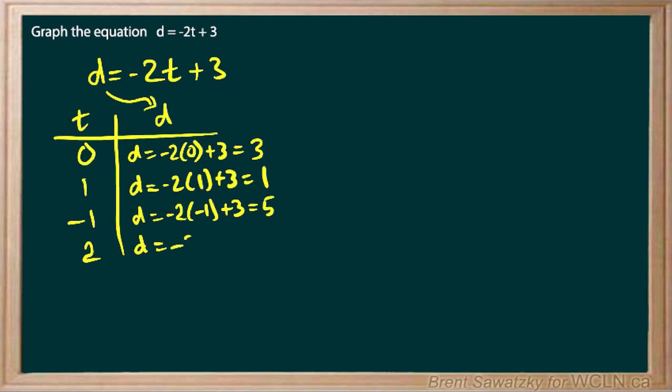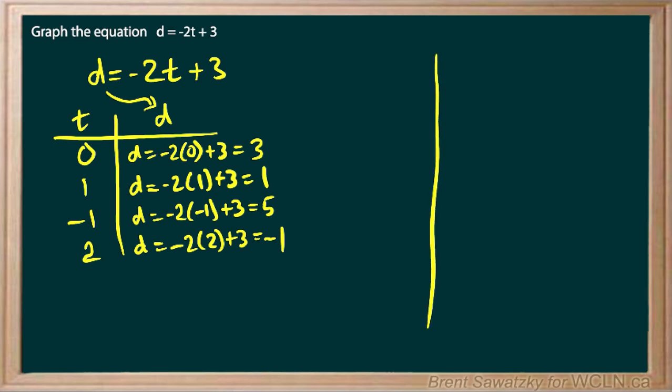So we have negative 2 times positive 2, plus 3. Negative times a positive is a negative. And so we have negative 4 plus 3 is negative 1. So yeah, that worked out nice. It's going to be a little easier to graph that one probably.